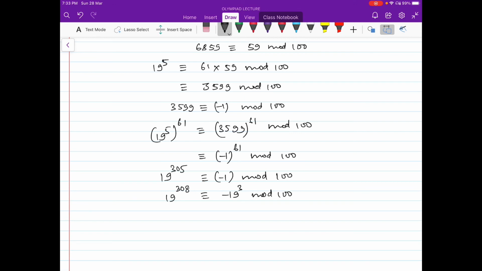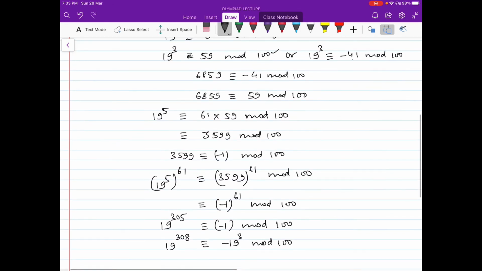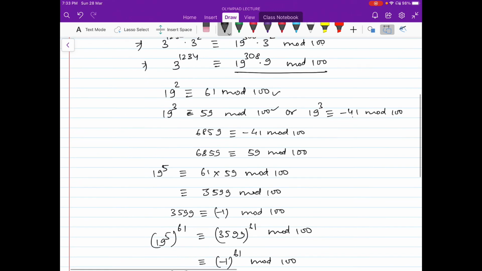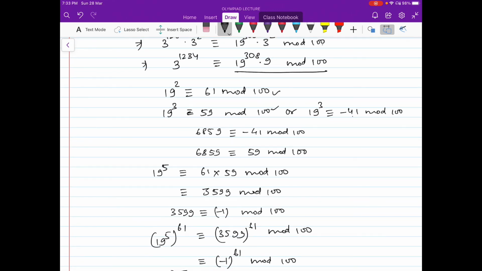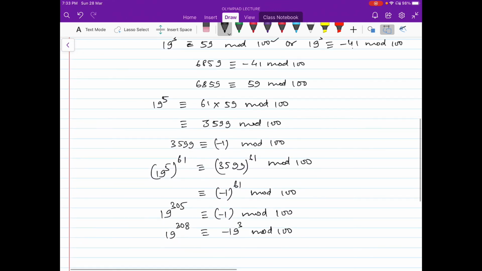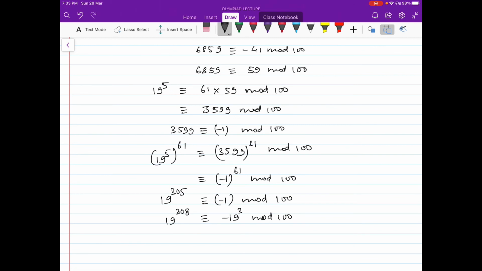right? So what else do we require? 9. So we will multiply 9 also with this. So 19 to the power 308 into 9 is congruent with minus 19 cube into 9 mod 100, right?